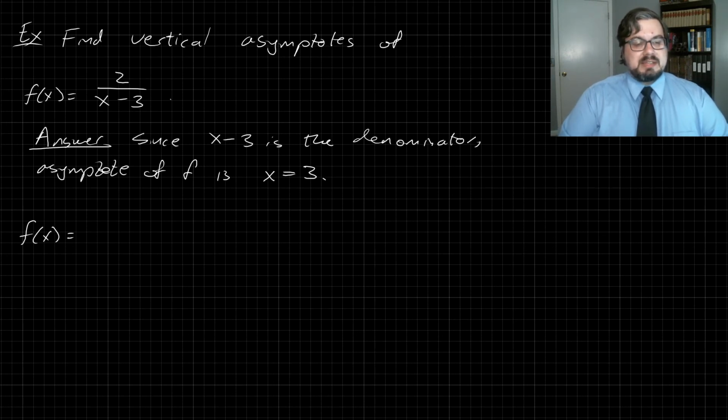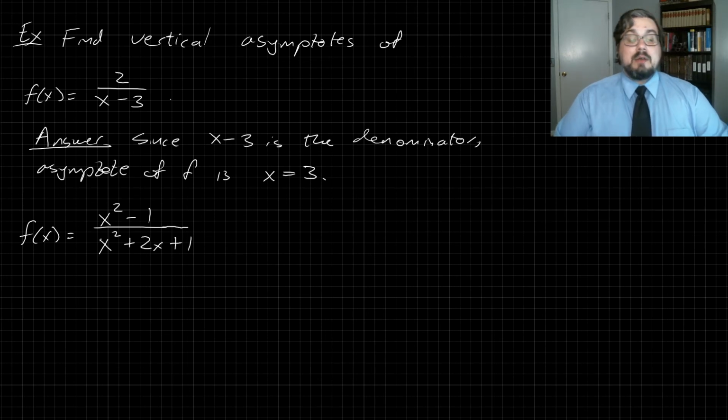Let's do some other examples. Let's do f of x equals x squared minus 1 over x squared plus 2x plus 1. Now here, we're doing the same thing, finding the vertical asymptotes. The first thing to do is to factor everything.